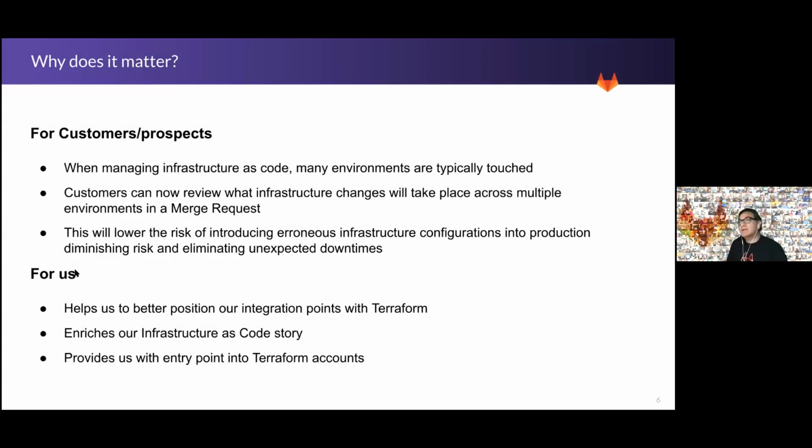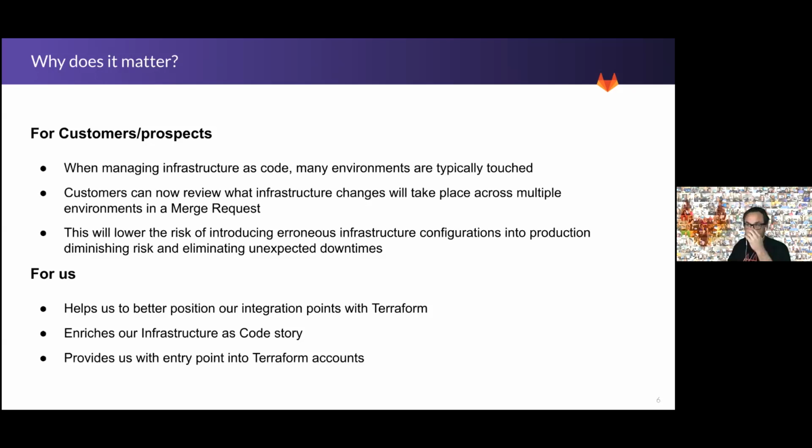So why does it matter for customers and prospects? Customers, when they're managing infrastructure as code, usually have many environments, staging, production, for example. With this new feature, they can now review what infrastructure changes will take place across multiple environments in a merge request.